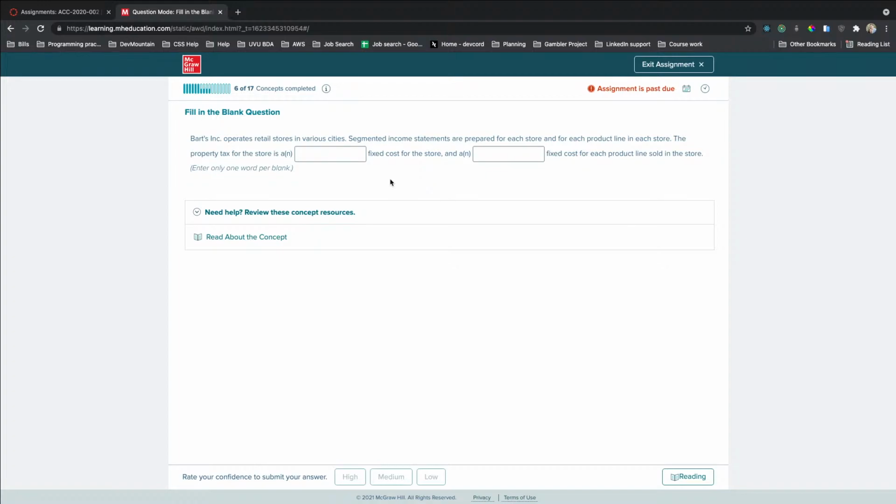Bart's Incorporated operates retail stores in various cities. Segmented income statements are prepared for each store and for each product line in each store. The property tax for the store is a blank fixed cost for the store, and a blank fixed cost for each product.